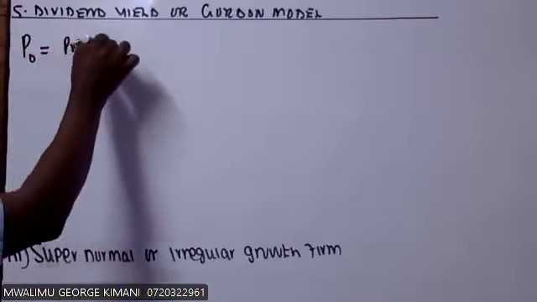So the question says, Fairad Industries has recently been listed on the Securities Exchange. The company has a policy of paying out a gradually increasing dividend per share over the past 5 years as indicated below. So we are given that.